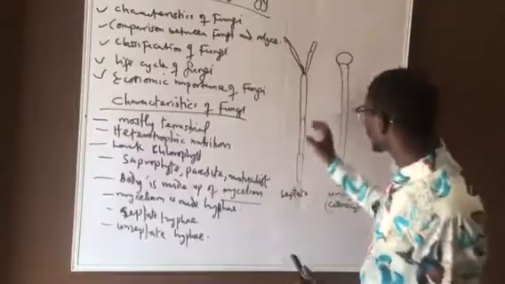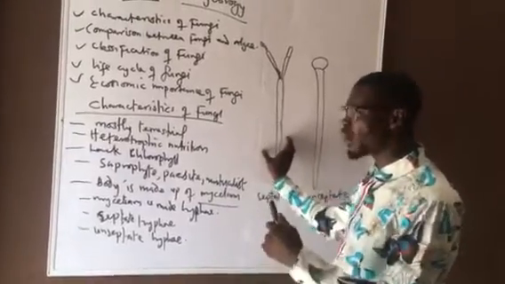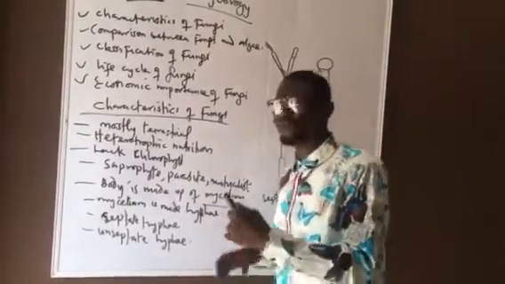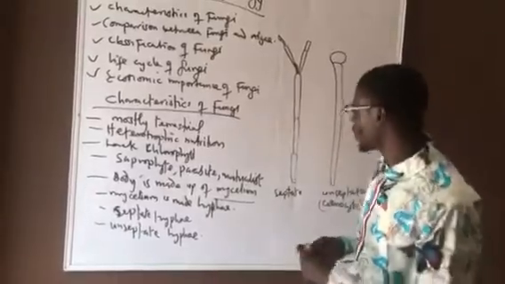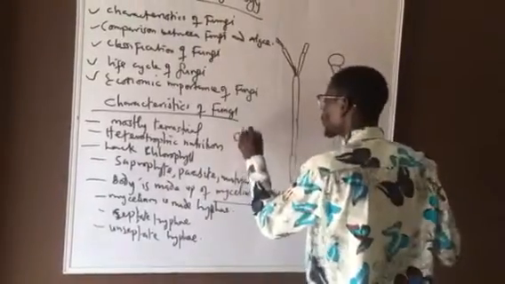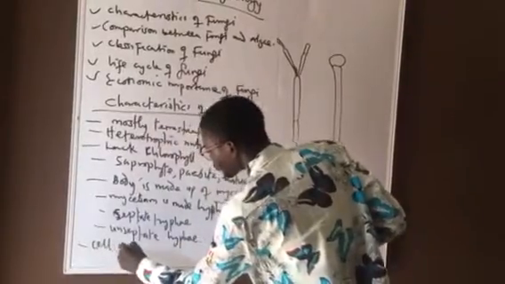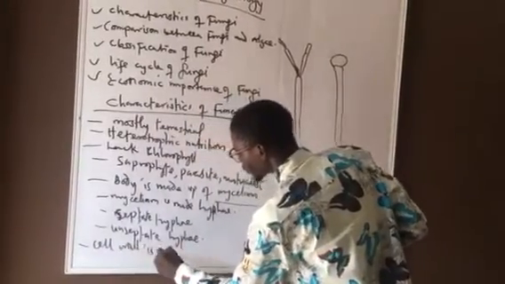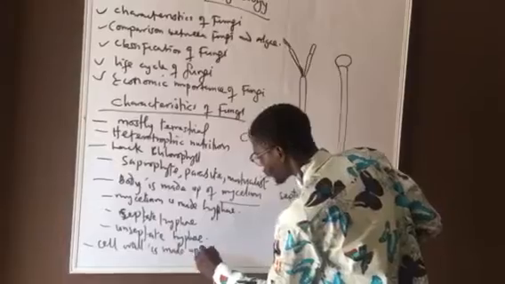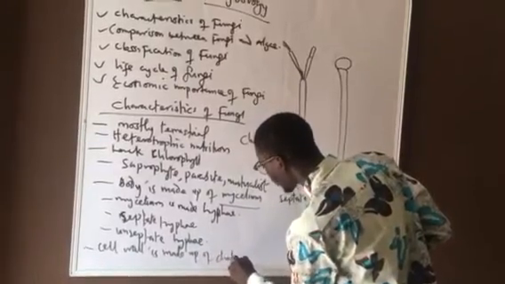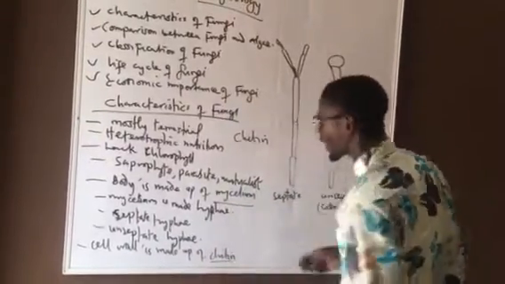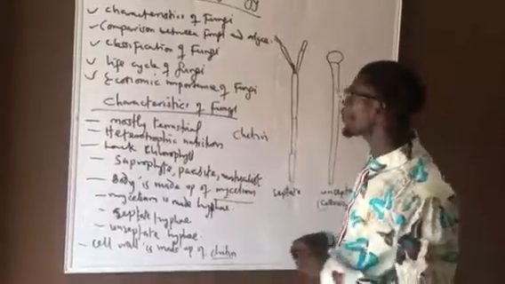Then the structure: the cell wall of fungi is made up of chitin, this time not cellulose. Chitin is just like cellulose, but it contains nitrogen.